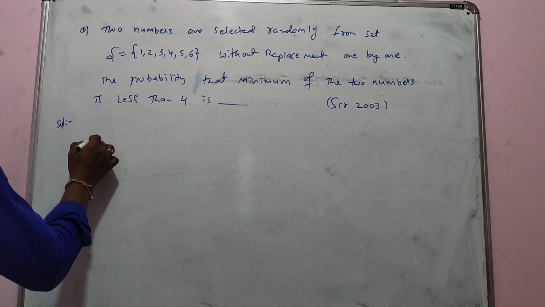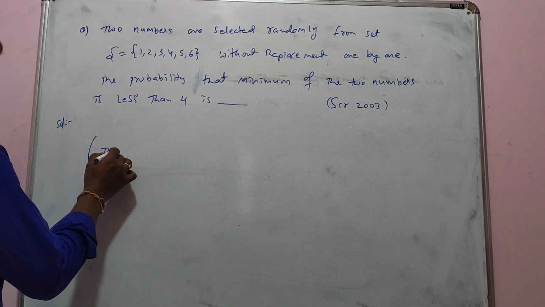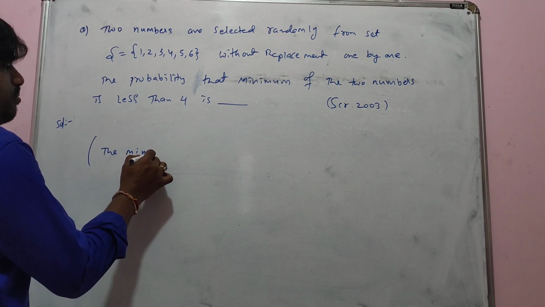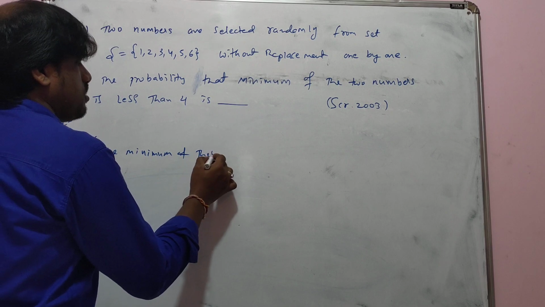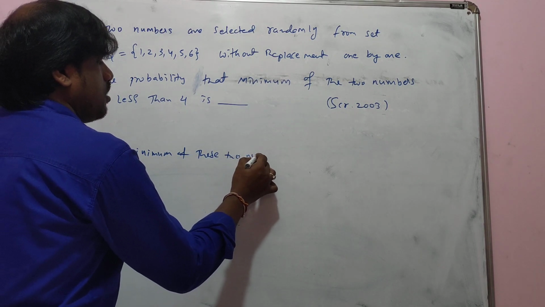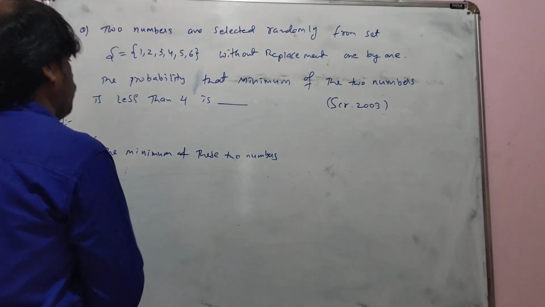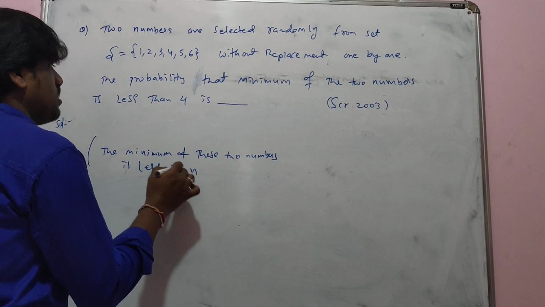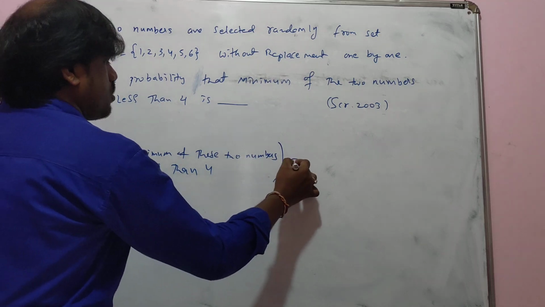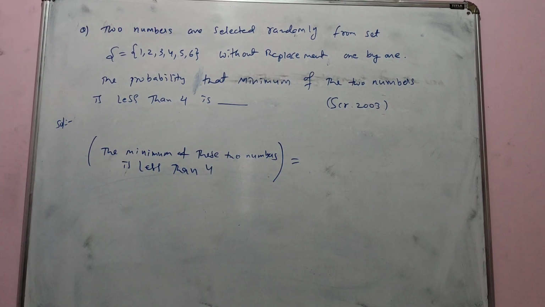So the minimum of these two numbers is less than 4. That is what you have to find, dear student.